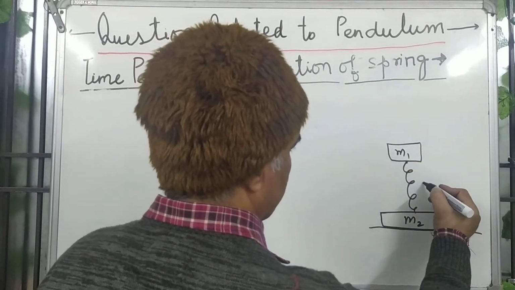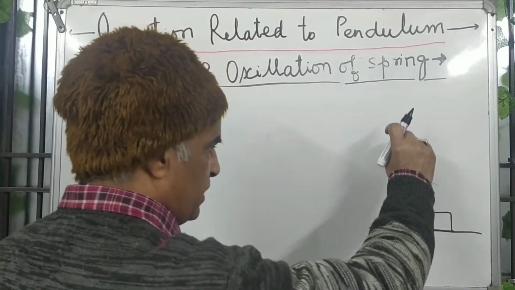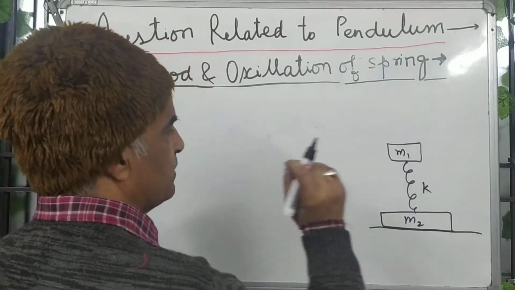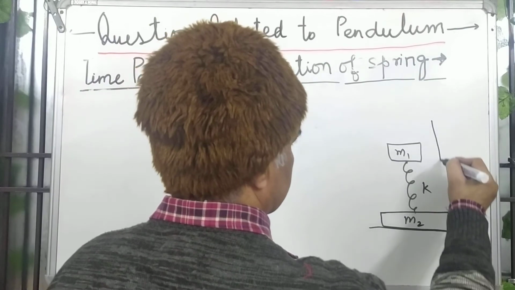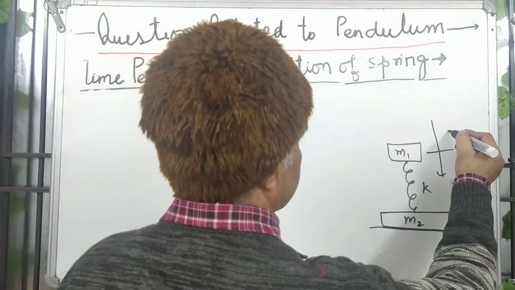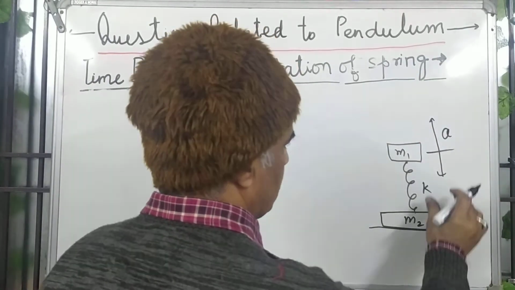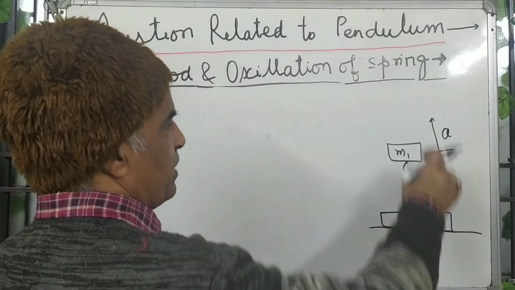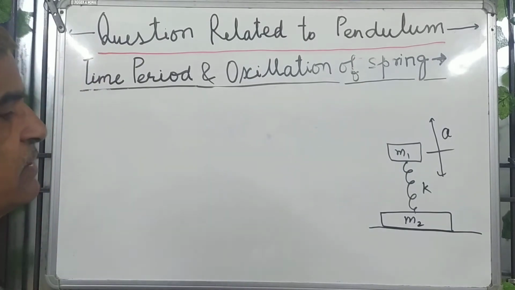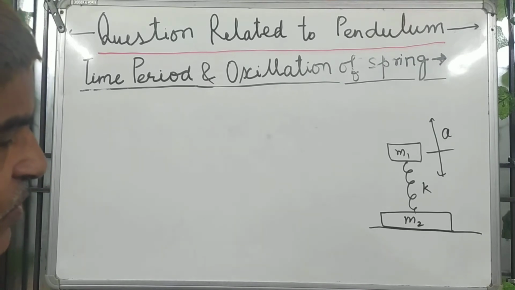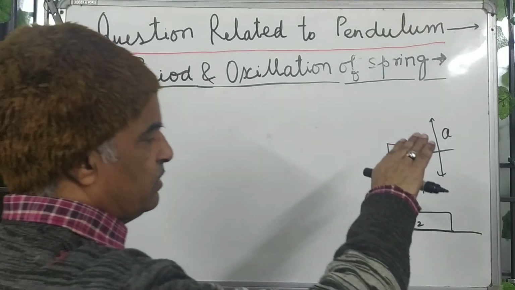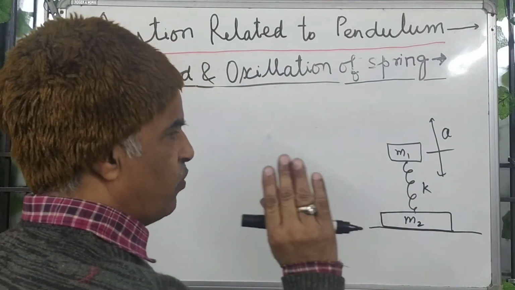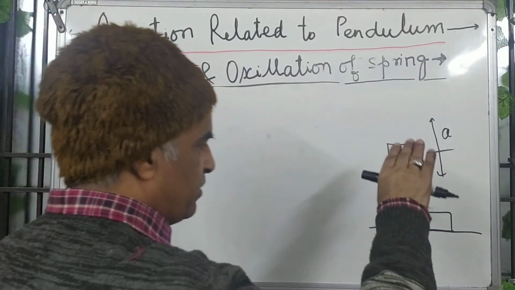Spring constant is k, it is compressed and released, its amplitude is a, and m1 starts oscillating like this. So now the question is, what is the maximum force acting on the table? What is the reactant force acting on the table?